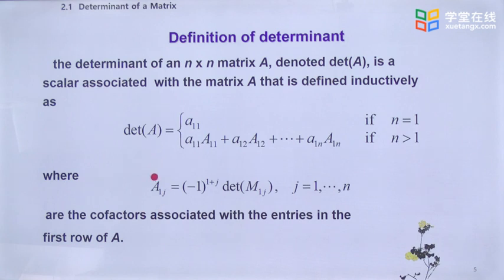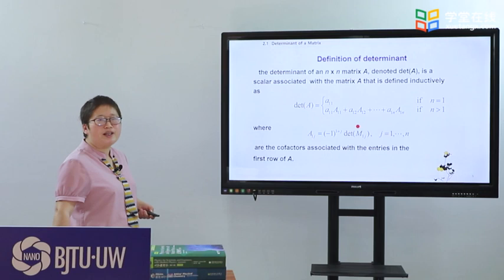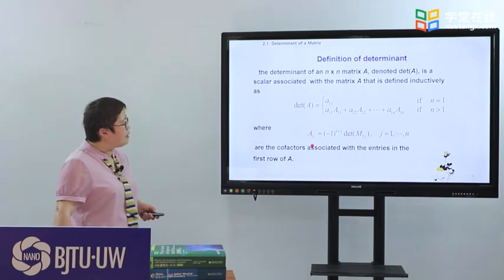Capital A1j is the cofactor of small a1j, which is defined as a sign, (-1) to the power 1 plus j, times the determinant of M1j, which is just the determinant of an (n-1) by (n-1) matrix obtained from A by deleting the first row and the jth column of A.